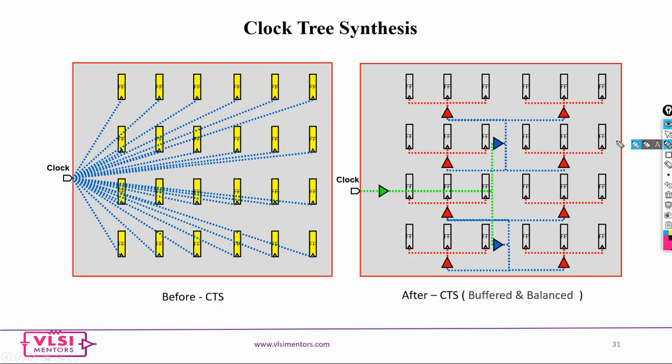So this is how your clock tree looks before the CTS. It would be one port driving all of them. Now after the CTS, it is all buffers driving the clock trees. Say for example, you have these things, so it's a buffer tree. So that is what actual clock tree synthesis is.